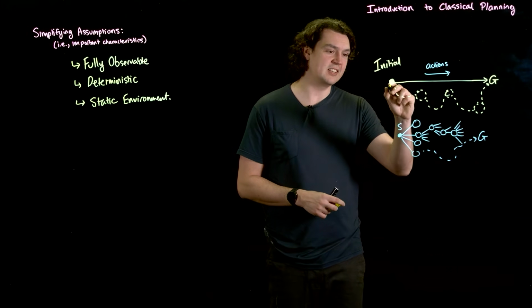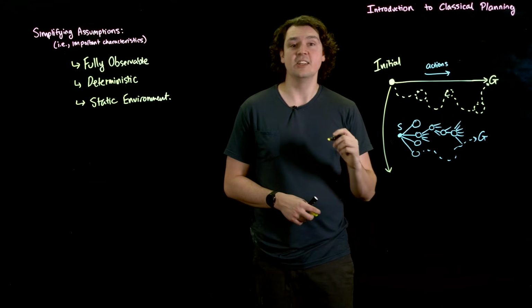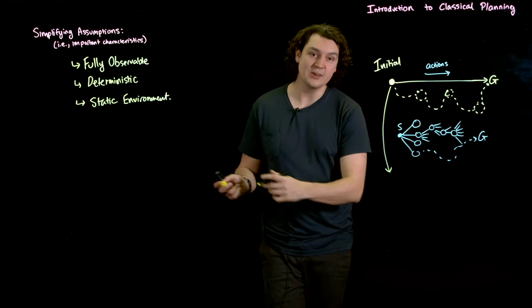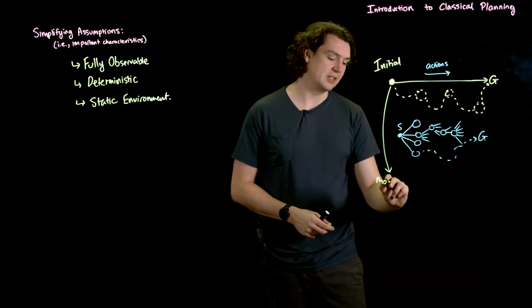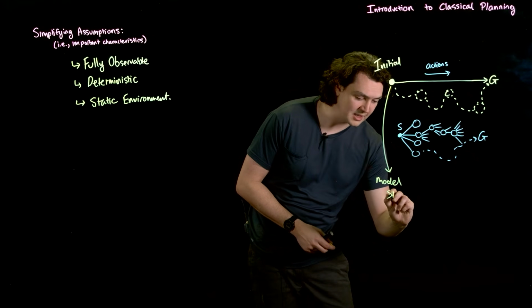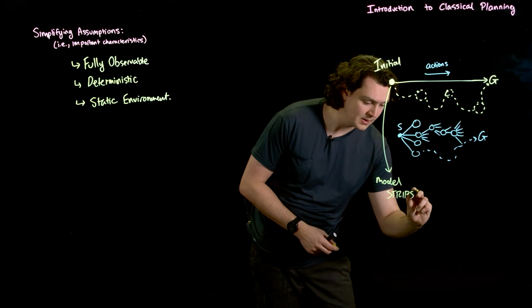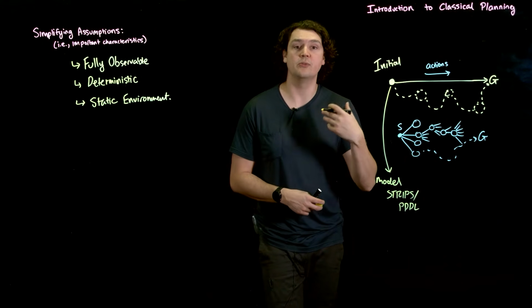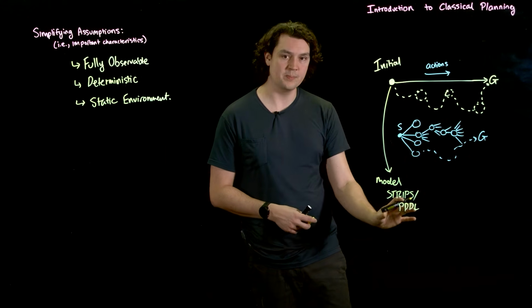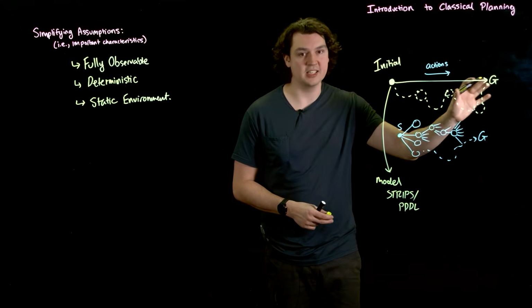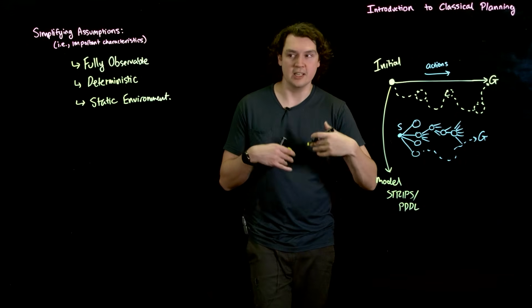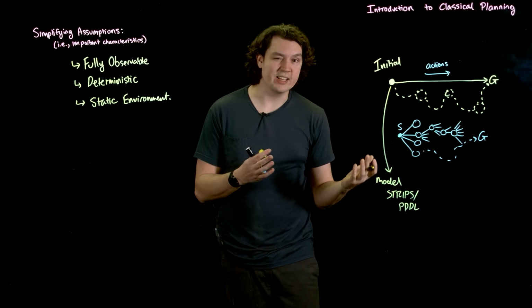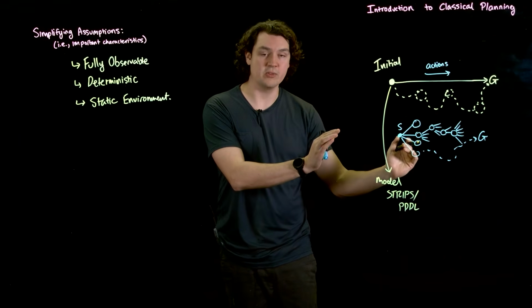As I said, in this initial state, the first thing we're going to deal with in the next video is that we have to model this. We're going to use things like STRIPS or PDDL. These are languages, ways of formally describing a problem and translating it to the idea of states. We're going to be using facts and information, predicates, objects, things that we can reason about the world.